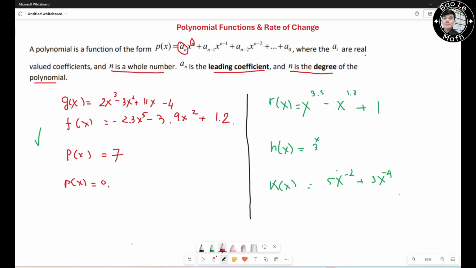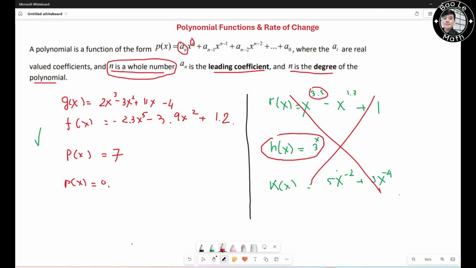Alright, so these are not polynomial functions. The first one because the exponent is not a whole number. This one is an exponential function, where the base is 3. The last one is not a polynomial function because we have negative integer exponents.